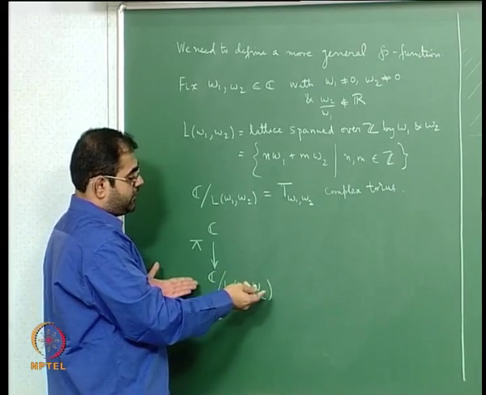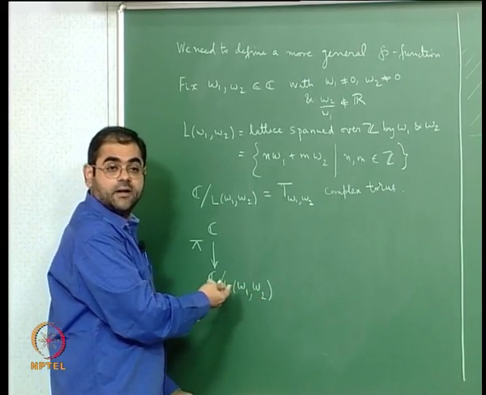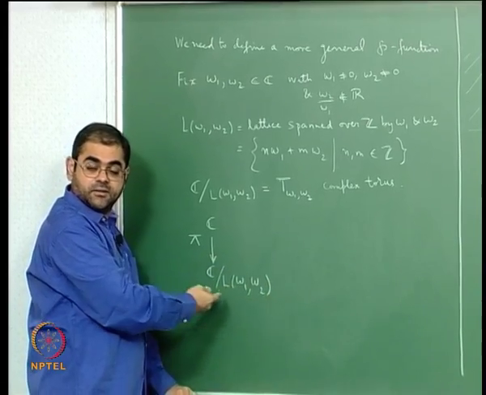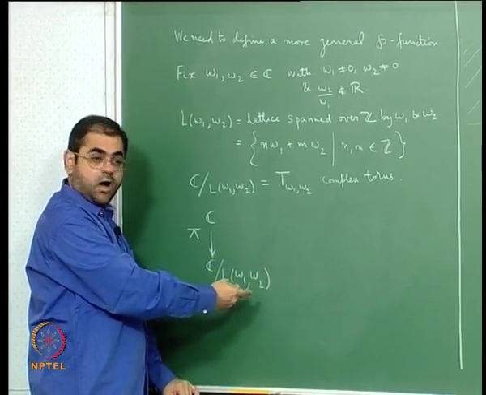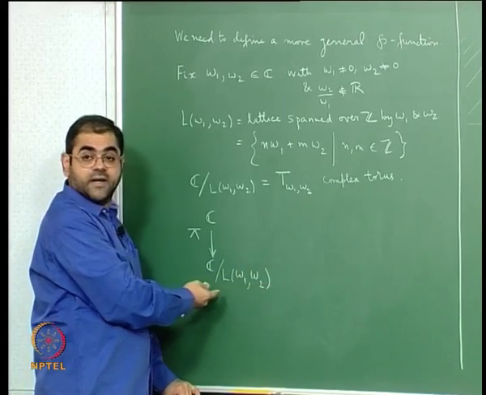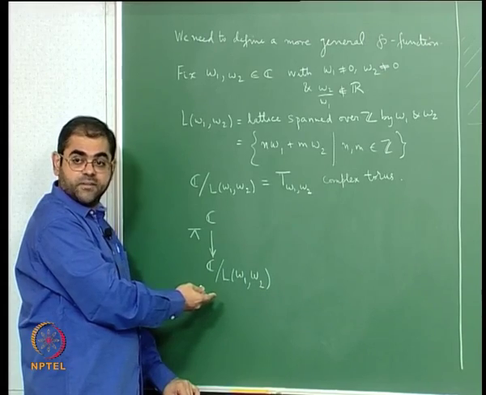is to get hold of a simple function on this, the simplest possible analytic function on this. Of course you will again not get an analytic function on this because this is compact, any analytic function on this will be constant.